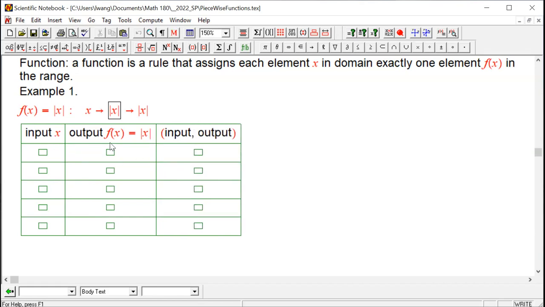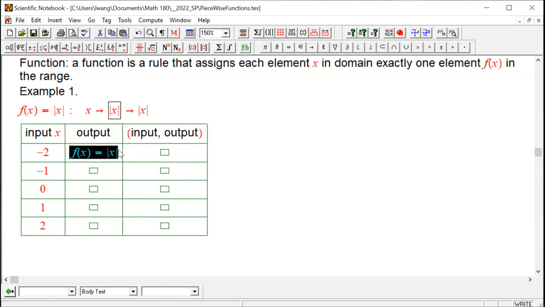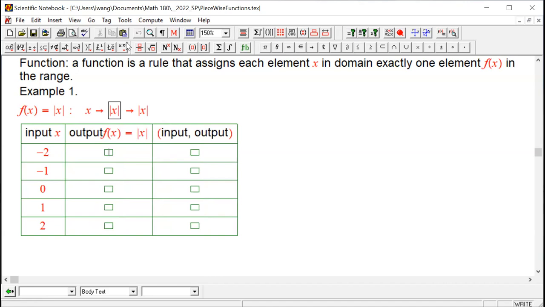So if we look at some numbers, -2, -1, 0, 1, 2, and we plug in the numbers in the function, we get some interesting phenomena to observe. If the input is -2, the absolute value of -2 is +2.